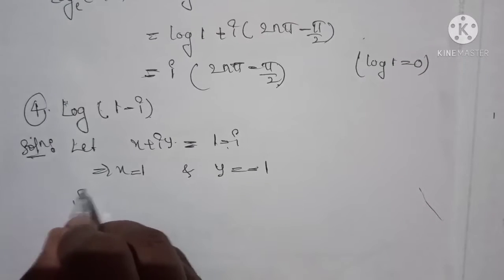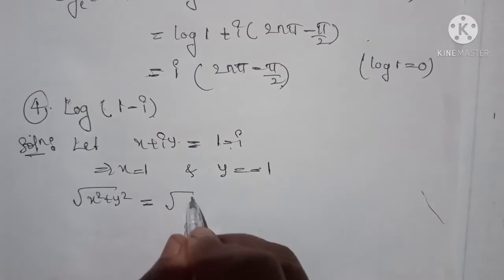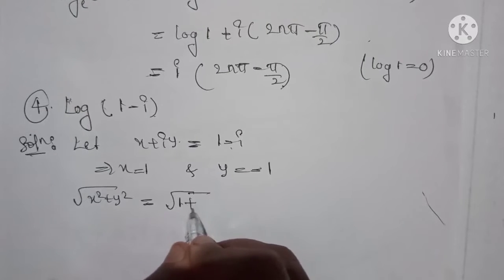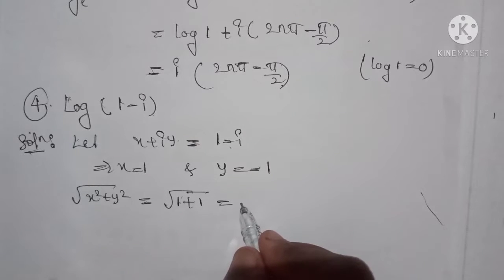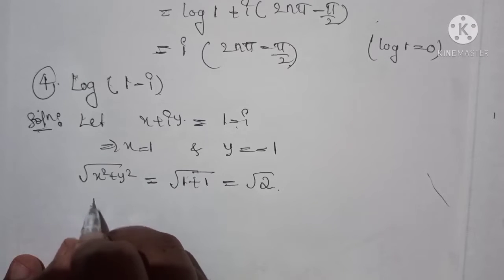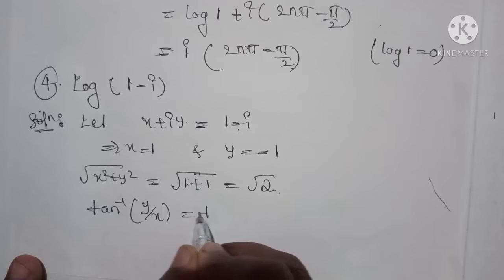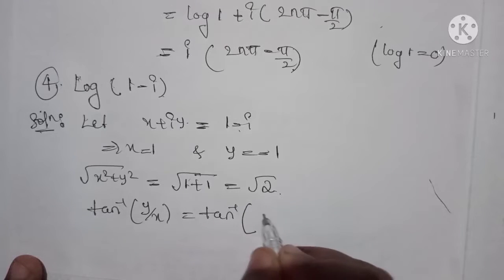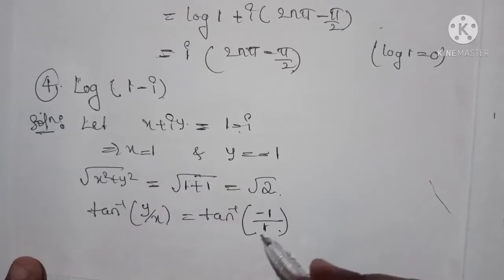So the square root of x square plus y square is the square root of 1 plus 1, that is 1 square plus 1 square, which equals root 2. And the amplitude is tan inverse of y by x, which is tan inverse of y value minus 1 and x value plus 1.